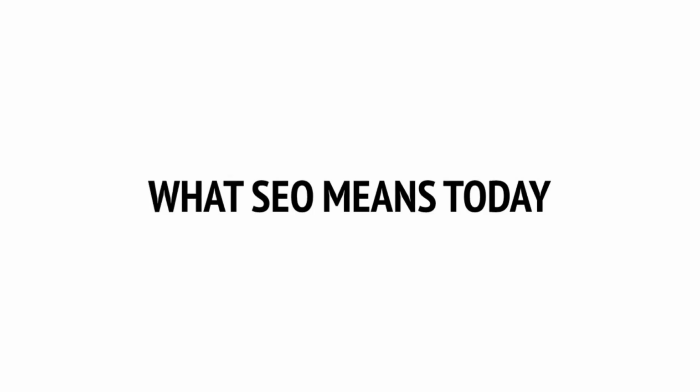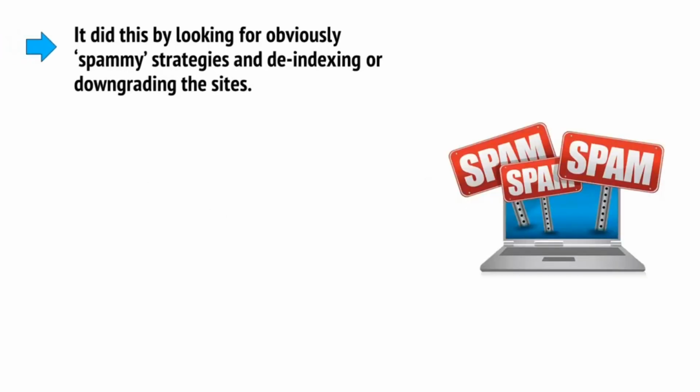Because of all the abuse we talked about in the last video, Google had to change and adapt to maintain its spot as the number one search provider. And to do that, it had to clamp down hard on those who were gaming the system and penalize sites that were cheating to get to the top spot. It did this by looking for obviously spammy strategies and de-indexing or downgrading the sites.